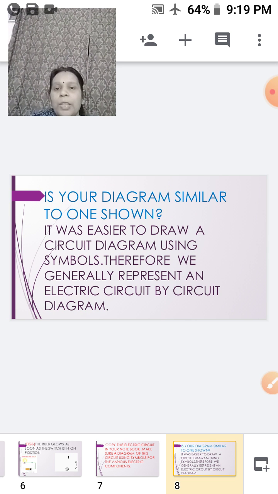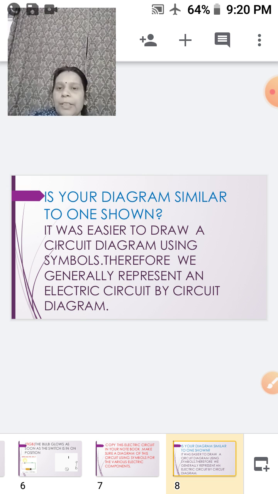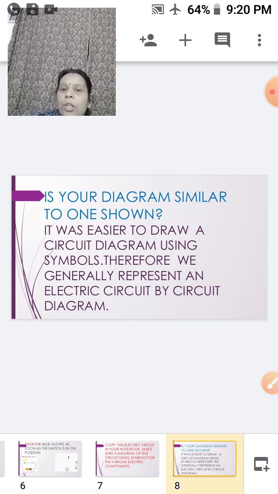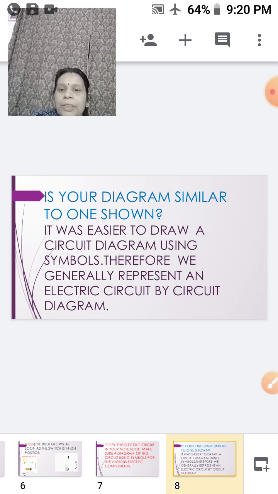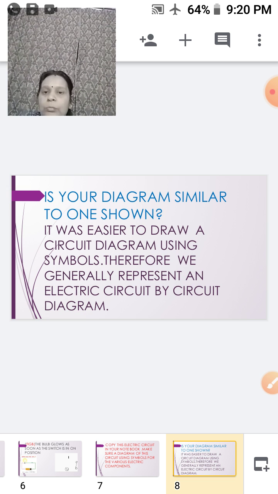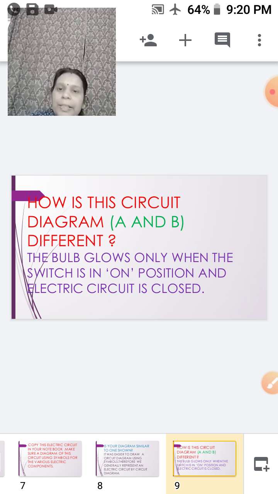Now, when you were drawing figure A and figure B and the components, did you find anything similar in the diagram that was shown to you? Here it was easier to draw a circuit diagram using the symbols. Therefore, we generally represent an electric circuit by the circuit diagram. That is what I told you. We never follow the components diagram.